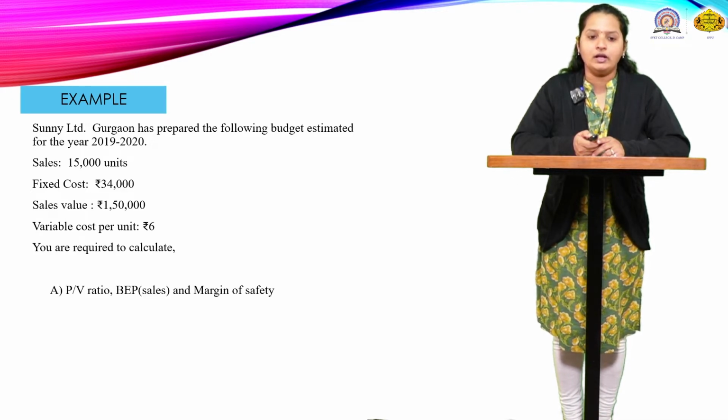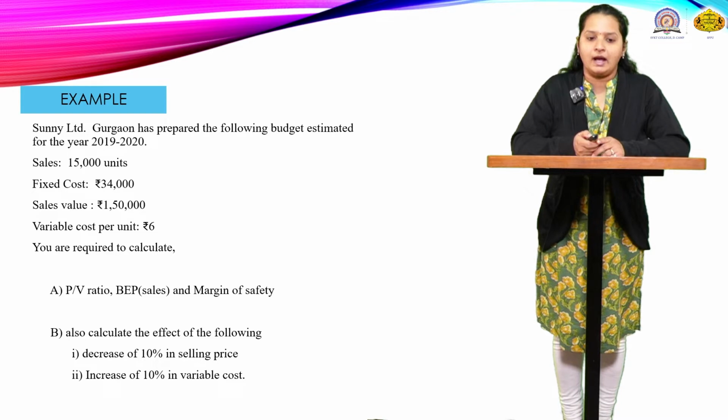You are required to calculate PV ratio, BEP sales and margin of safety, as well as calculate the effect of the following: decrease of 10% in selling price and, second, increase of 10% in variable cost.